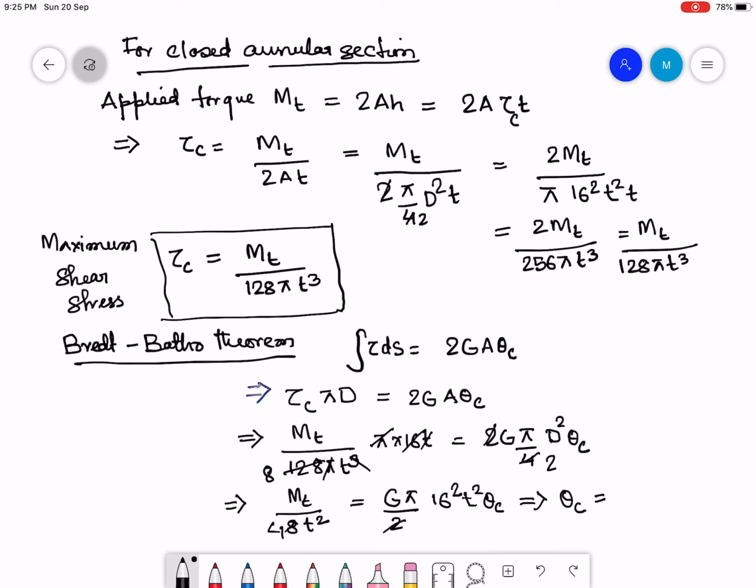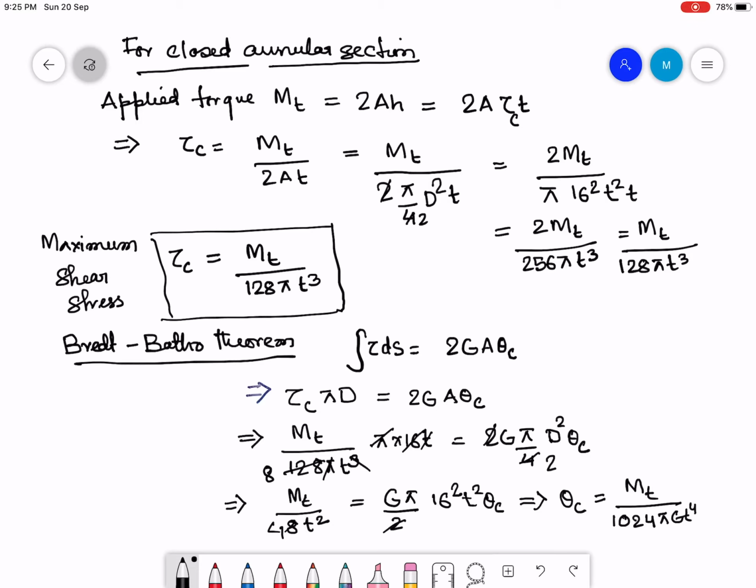So that should be giving me theta c as mt by 1024 into pi into g into t to the power 4. Is this correct? I hope this is correct. So I get theta c as mt by 1024.